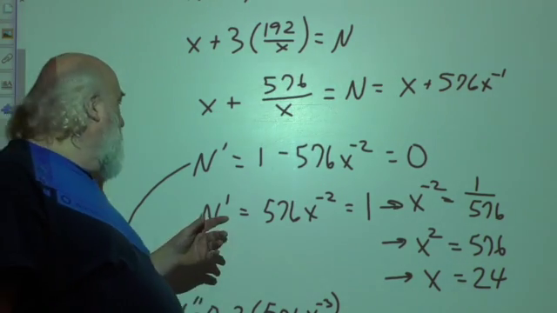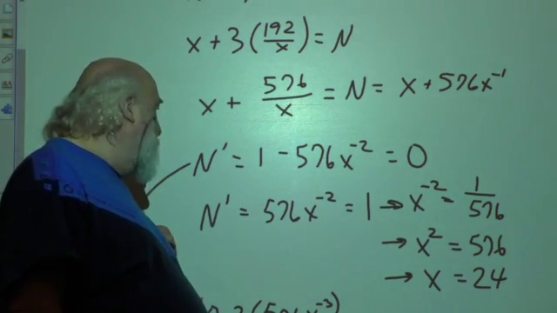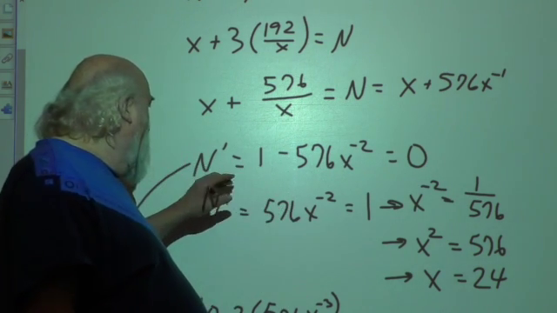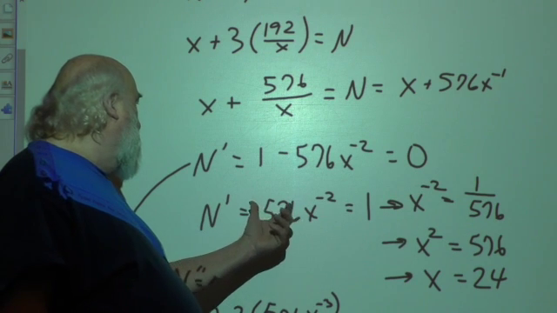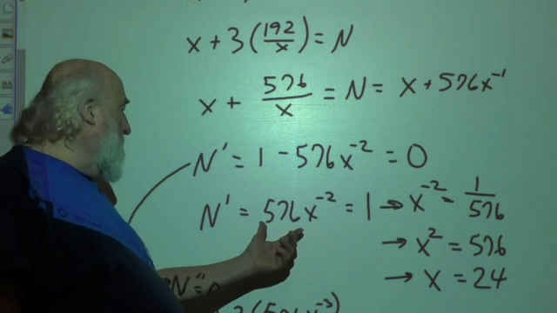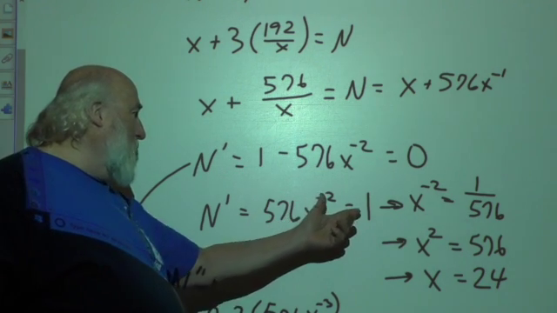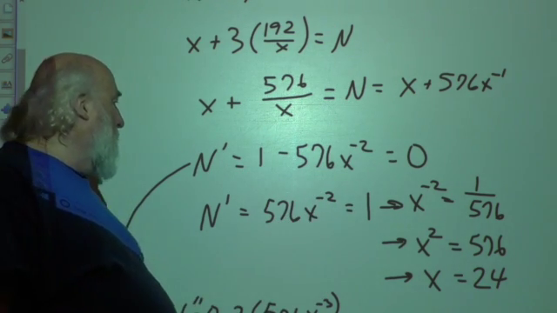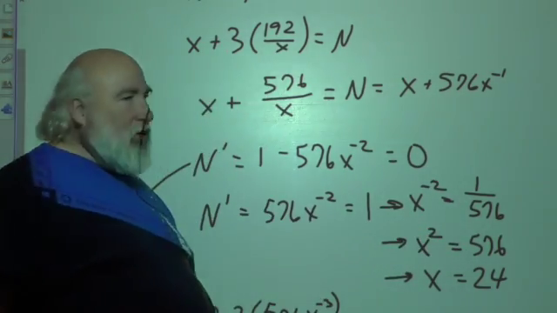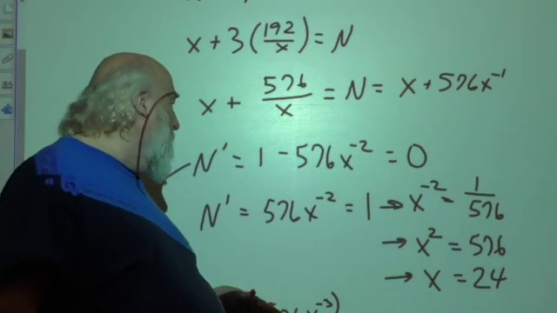Alright, so next thing we're going to do is, like I said, solve for x. So I move that 1 over, and then I got rid of the negative signs on both sides. So that gave me 576 x to the negative 2 equals 1. Then divide by 576, which I did. Now at this point, there's one of two ways we could do the problem.